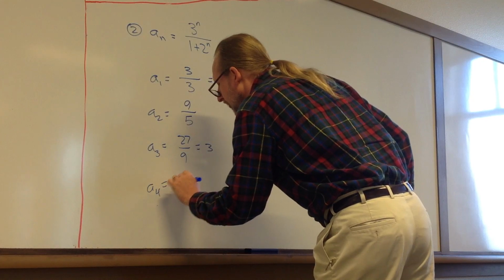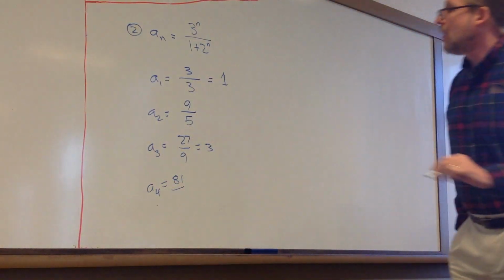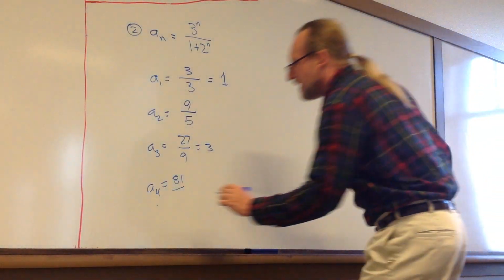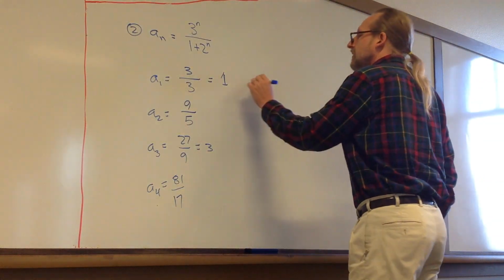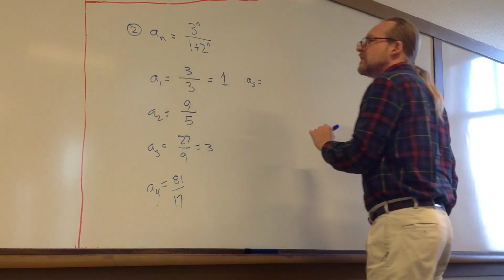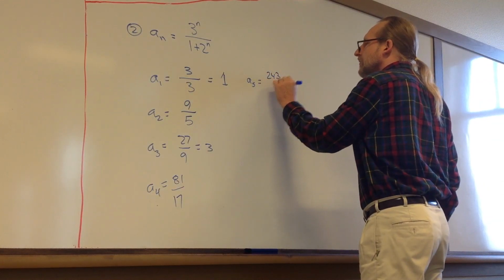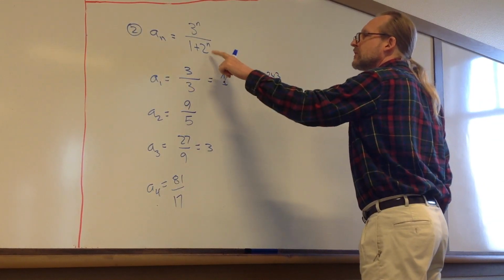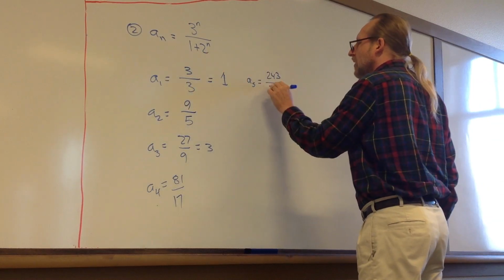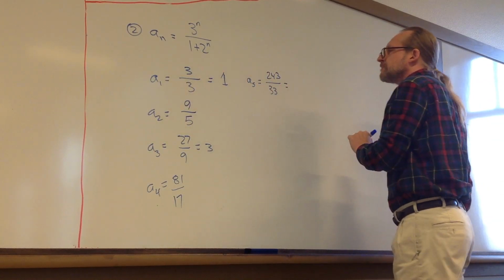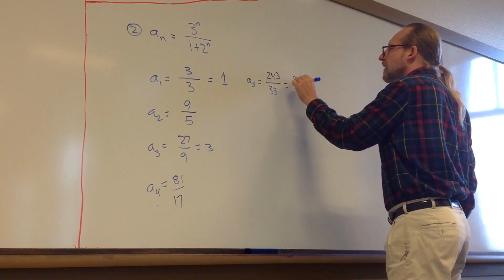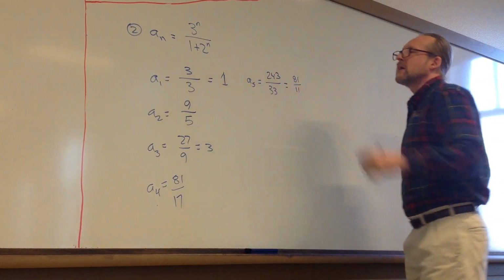A sub 4 is 81 over 17. And then the 5th term of the sequence is going to be 3 to the 5th power, which is 243, over 2 to the 5th, which is 32, plus 1, which is 33. So this should be 81 over 11.